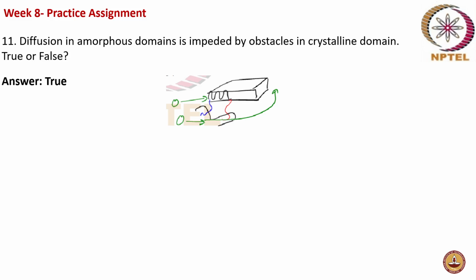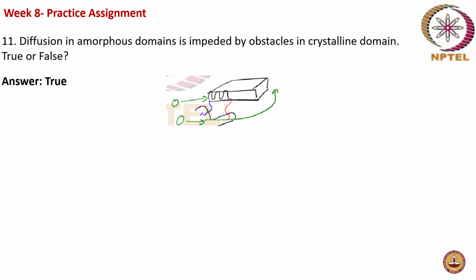One of the main reasons is that in crystalline solids, in the crystal lattice, it is not so easy for the material to diffuse. It is not so easy to displace the atom from a lattice position, as we saw in interstitial C. So that actually creates an obstacle.